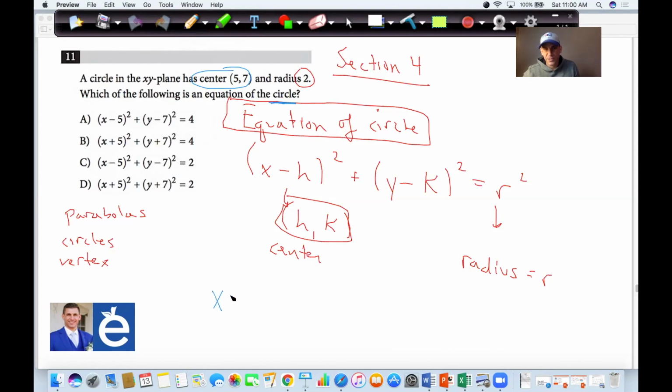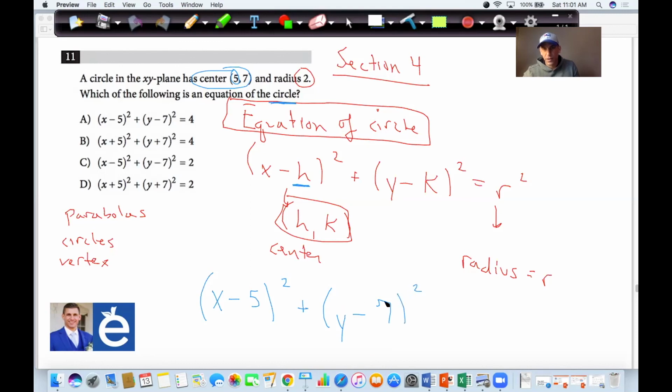So here I have x minus, this is my x or my h coordinate, which is 5. I notice it's a positive 5, so I just plug it in as such. Then my positive sign stays the same. And then here's my y, minus my k, which is going to be 7. Also, this appears as minus 7 because it is a positive 7 for my circle.